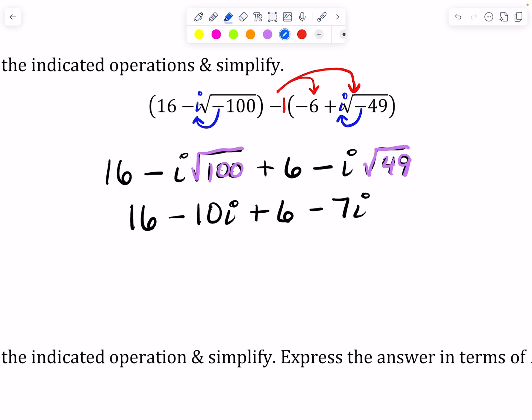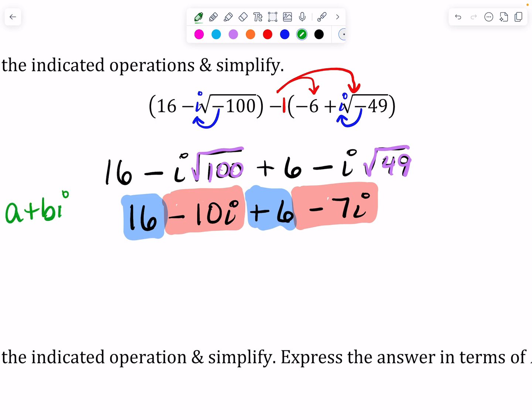Again, we're going to look for our like terms. We've got 16 and 6. And then we have negative 10i and negative 7i. So we can combine those. We always want to write the real term first. So we're going to write the a first. So we've got 16 plus 6, which gives us 22.